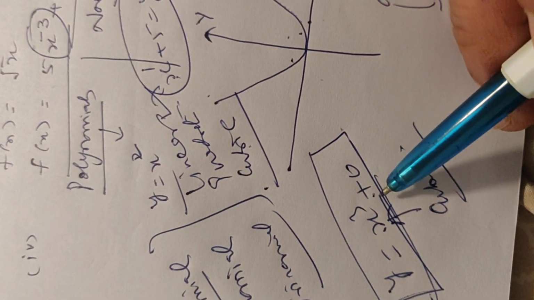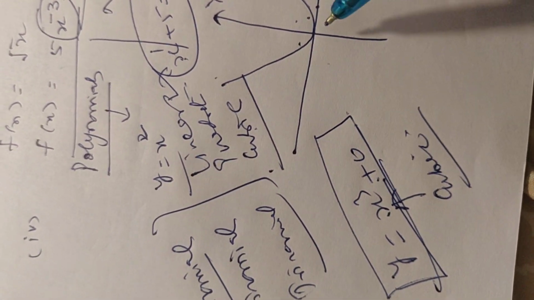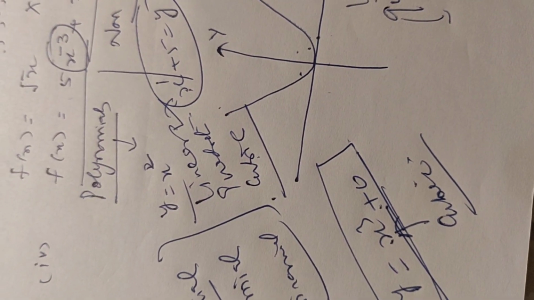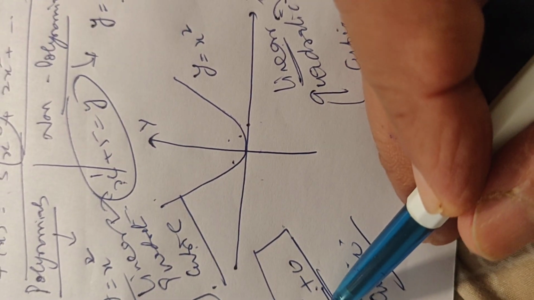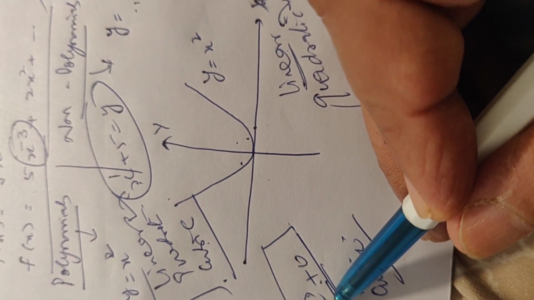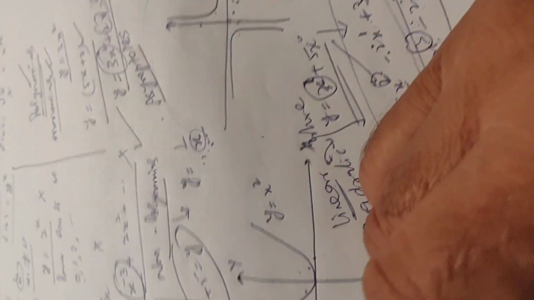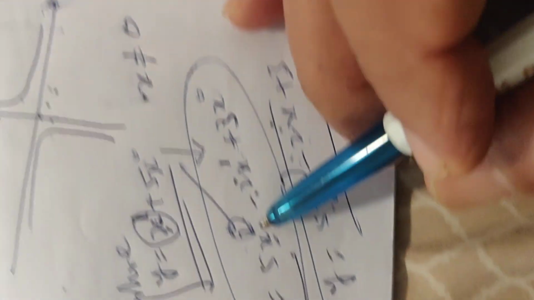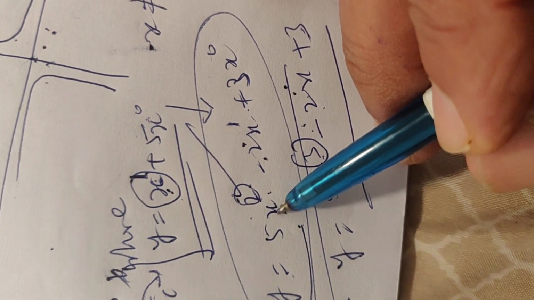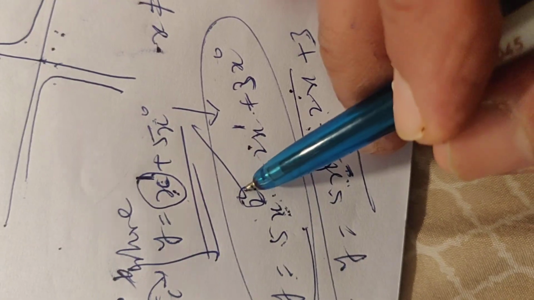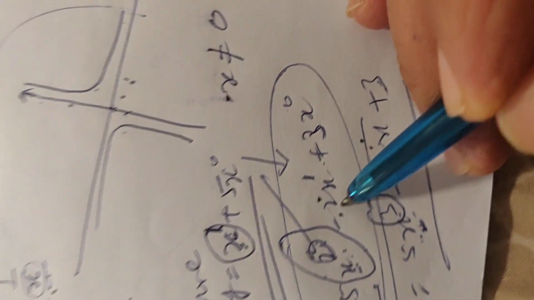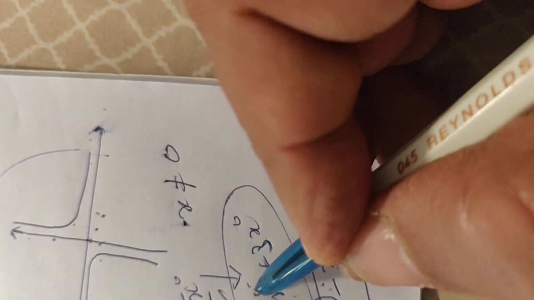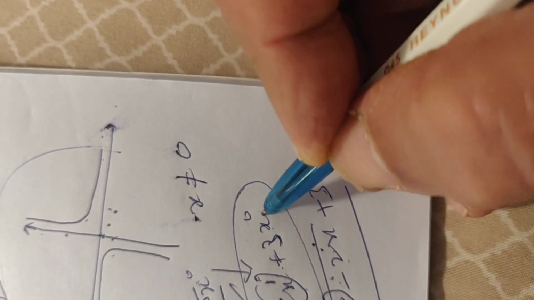So the number of terms decides whether it is a monomial, binomial, trinomial or a polynomial, whereas the maximum power of the variable is different. Here, let us say this is the variable, 5 is the coefficient, 5x to the power 2, so the variable's power is 2, minus 2x to the power 1, this is the second term, plus 3x to the power 0.